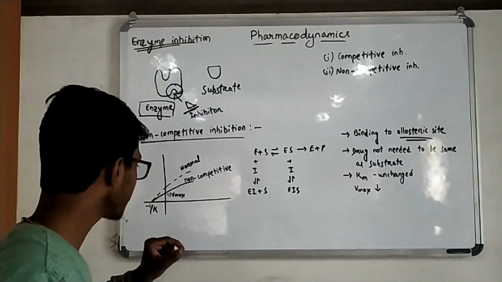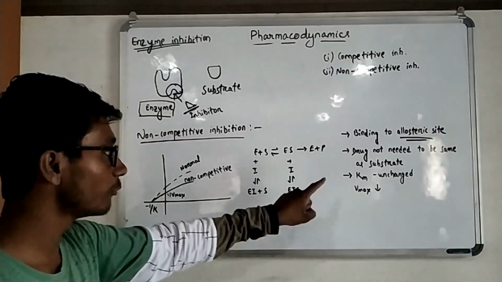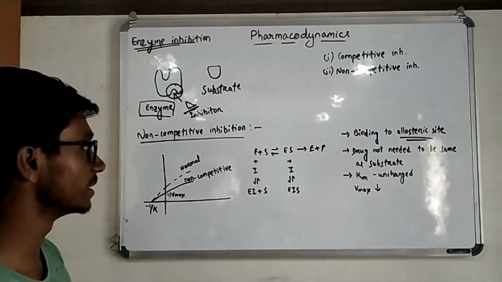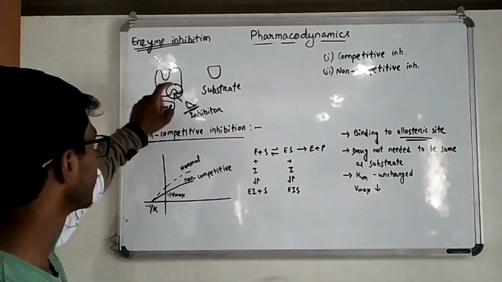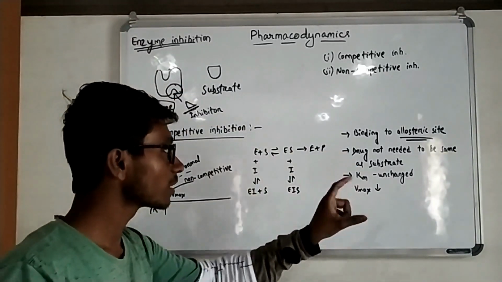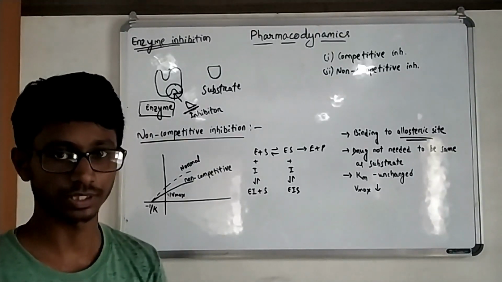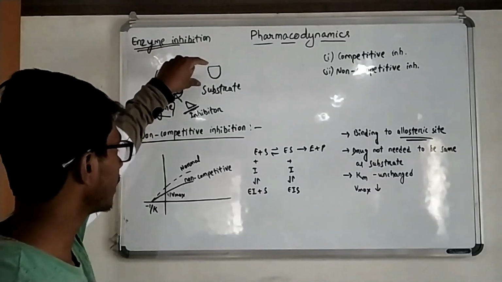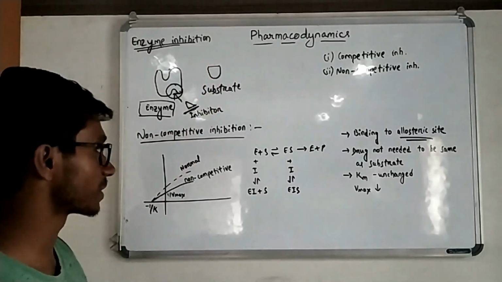So in non-competitive inhibition, our Km remains unchanged and our Vmax decreases. Our maximum reaction velocity decreases, and the inhibitor binds to our allosteric site. Like this is our allosteric site. Inhibitor binds here, and the drug structure is not needed to be the same as the substrate. Like this is our substrate, and our drug structure can be different from the substrate.